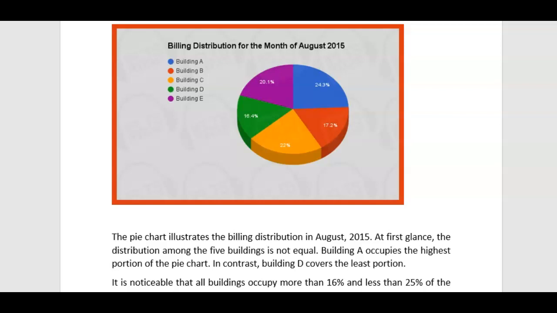Okay, I think it would have been more appropriate to say that building A occupied almost a quarter or accounted for almost a quarter, and that building E was about 1/5, okay? Building C was in between those two, and buildings B and D were roughly 1/3 together.